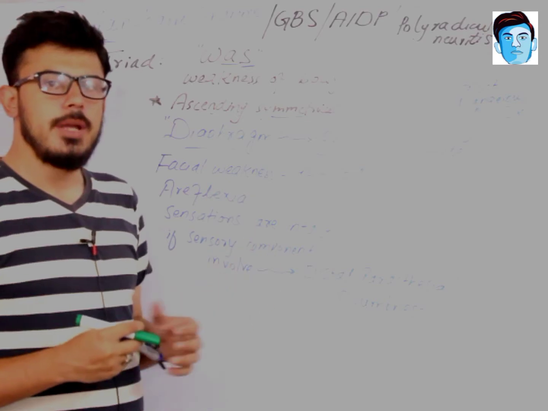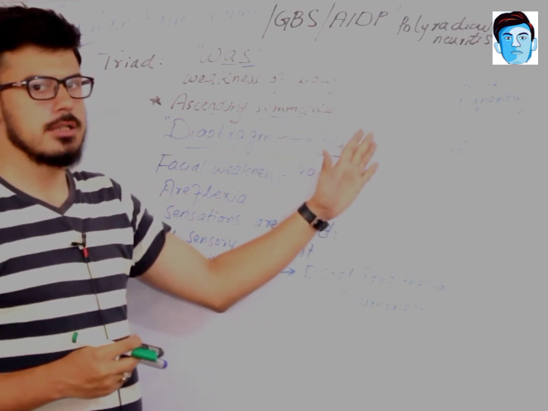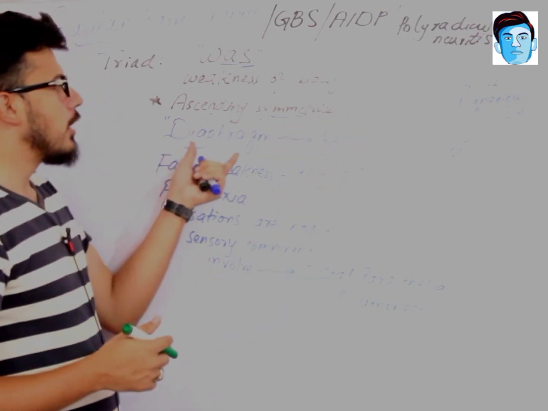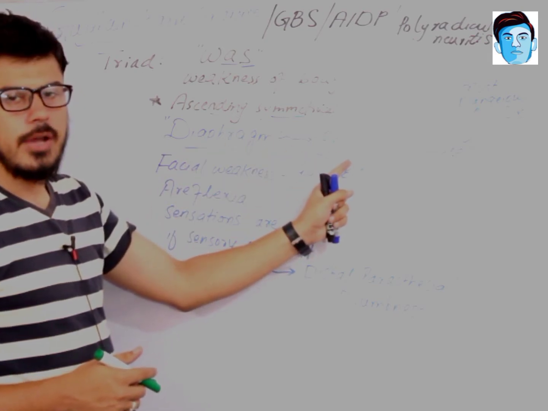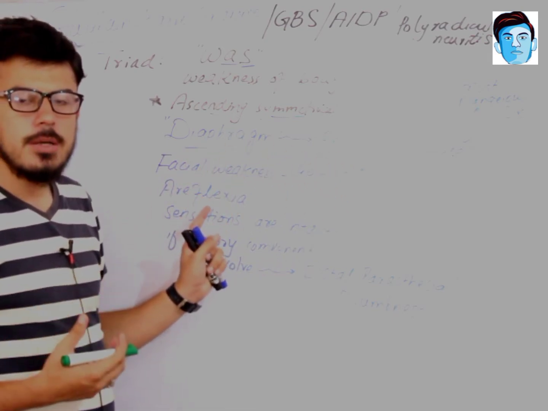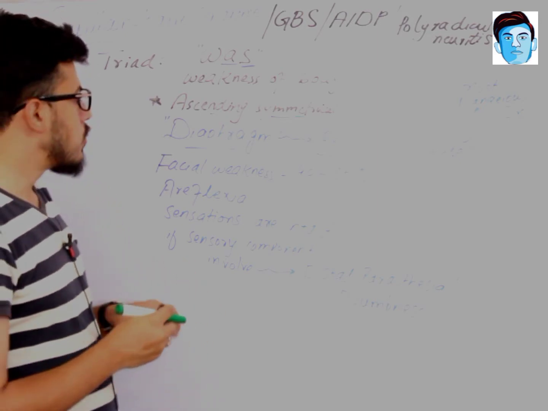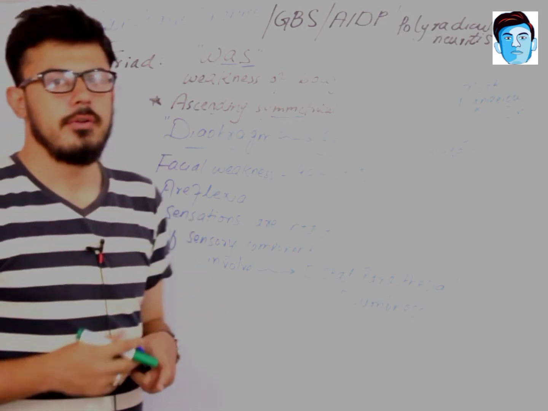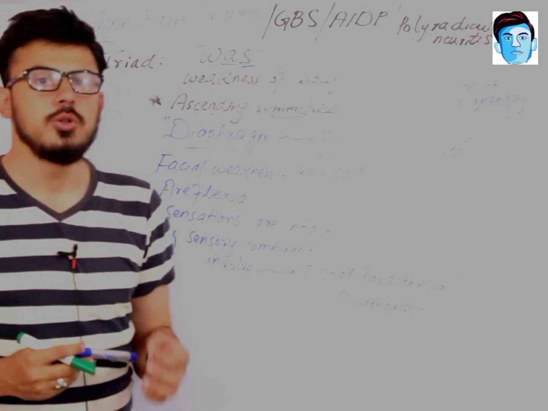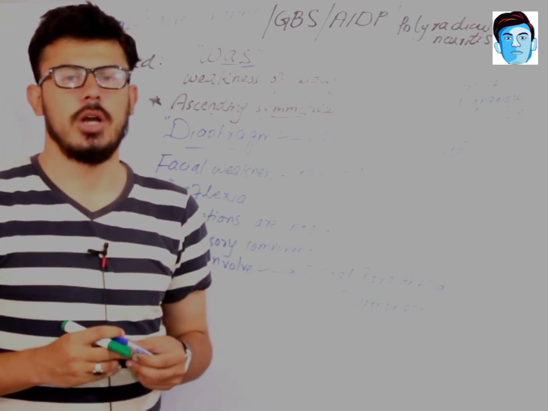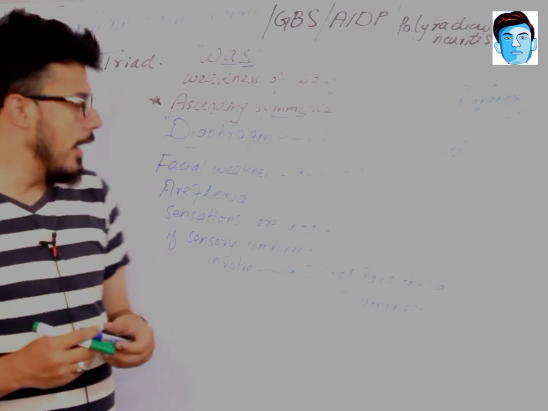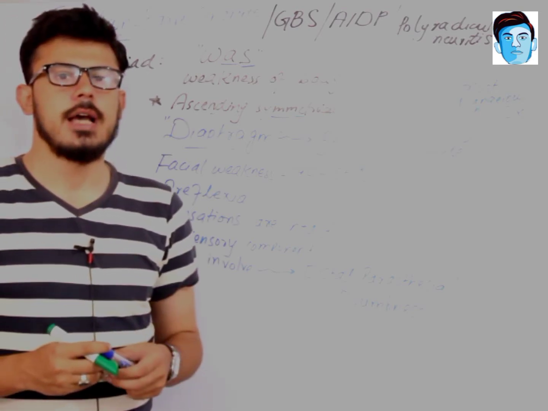But in case of GBS, there is ascending symmetrical paralysis. Also, if it involves the diaphragm, it may lead to respiratory failure. If the facial muscles are involved, there may be facial weakness. Also, no deep tendon reflexes are there. The sensations are usually intact, but if the sensory component is involved, there might be distal paresthesia or numbness.